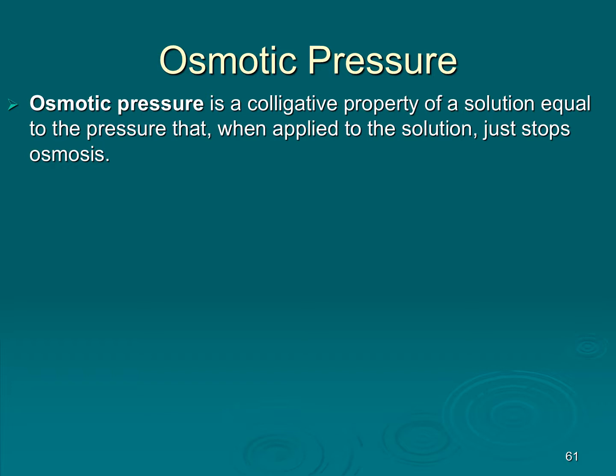The amount of pressure that you need is equal to the osmotic pressure. And of course, the more concentrated that solution is, the higher that column would rise, and the more pressure you have to put on it to stop it from happening.